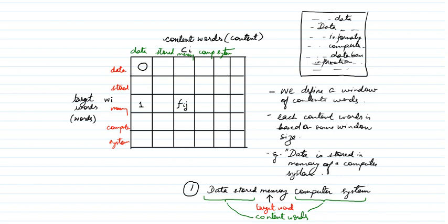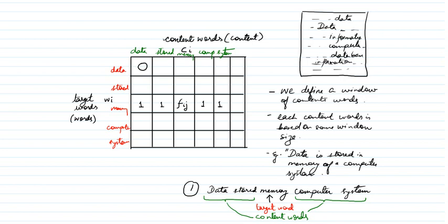Now stored is again the context of memory and it appears once here. Similarly, computer appears once here and system appears once here, right?